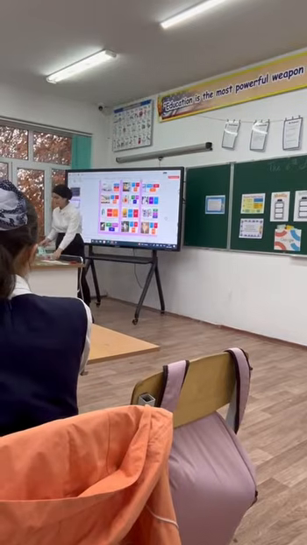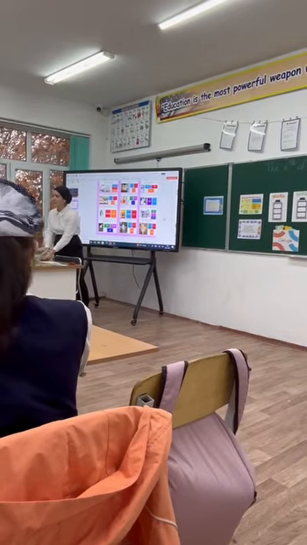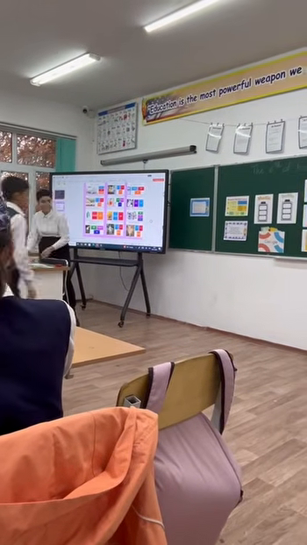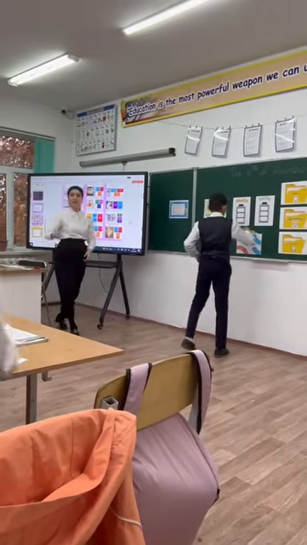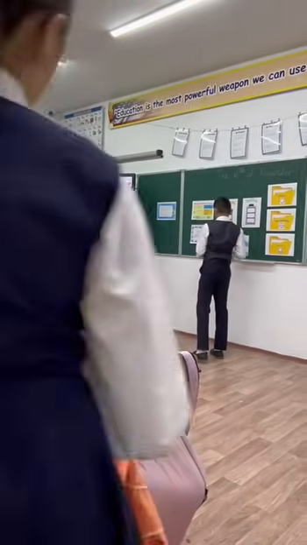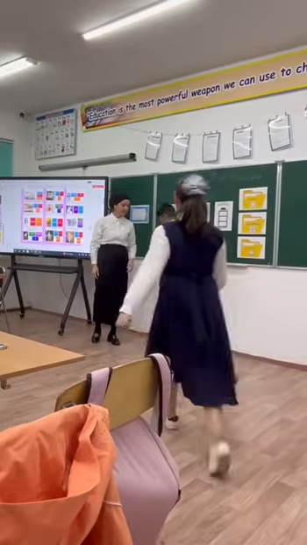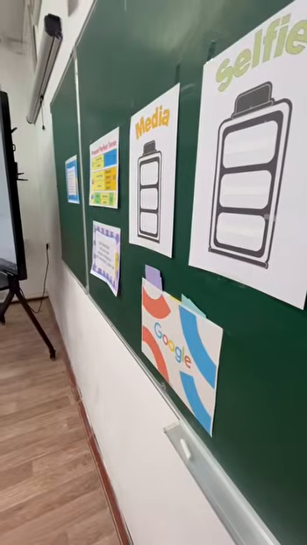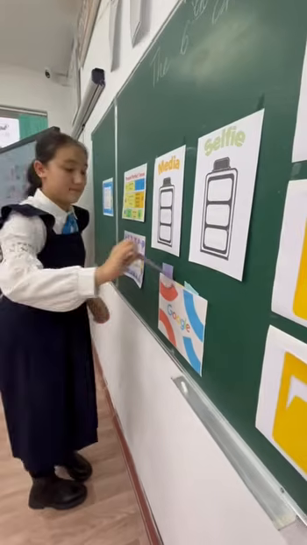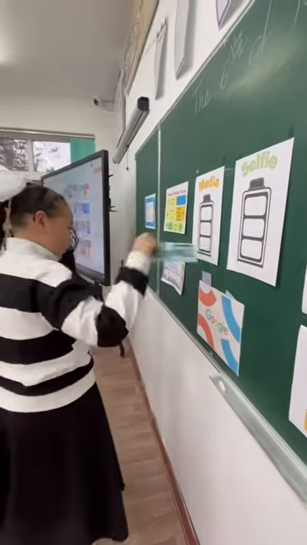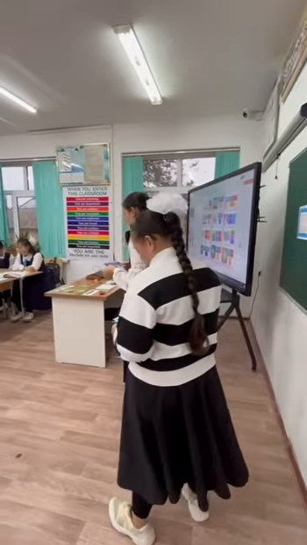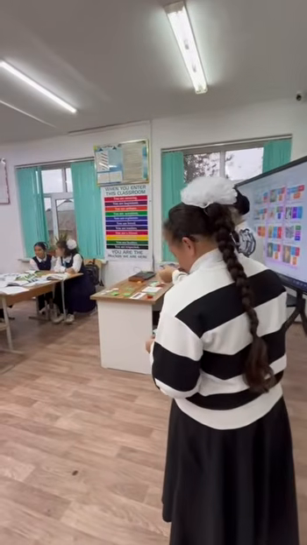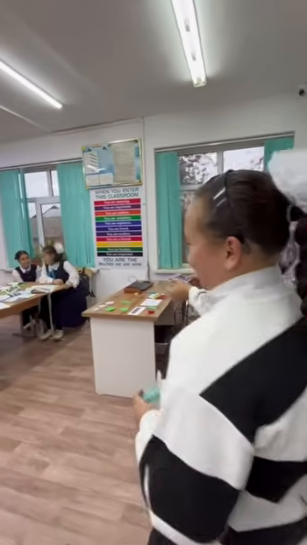One by one. Quickly. Come to the blackboard and take one sticker from your group. How do you get the dog?